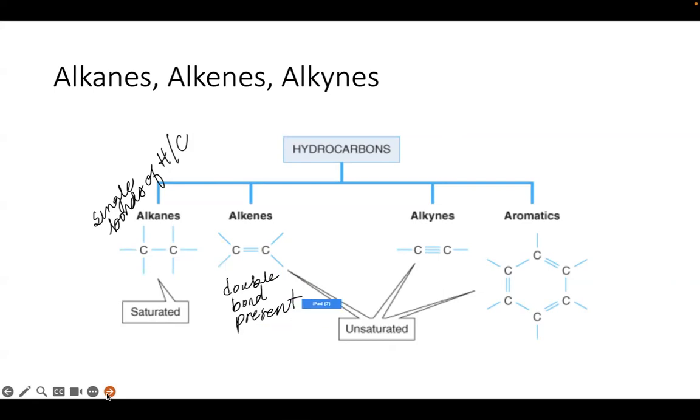We have alkynes, which is when there is a triple bond present. Oops, I can't spell triple. But again, all carbons and hydrogens. And then we have aromatics, which are those rings. We're not going to stress too much about that right this second. Okay.